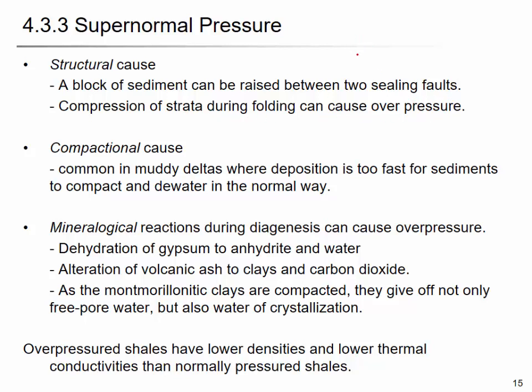So I think you have a deposition, and maybe this is the permeable layer, and you have a cap rock, and tectonic force comes, and you have a compression, so that you have an overpressure zone here.